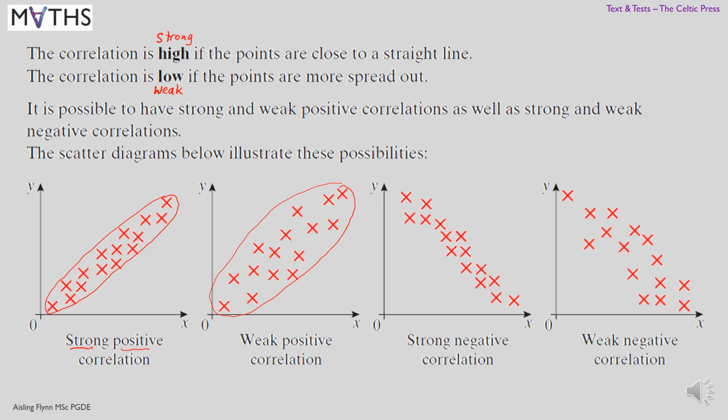It's a much broader shape that I draw around it, and so we say this is a weak positive correlation. The same can be said for the negative correlations. As x decreases, y increases, and vice versa. That one is strong negative, and the last example here is much broader, much more spread out, and that is weak negative.